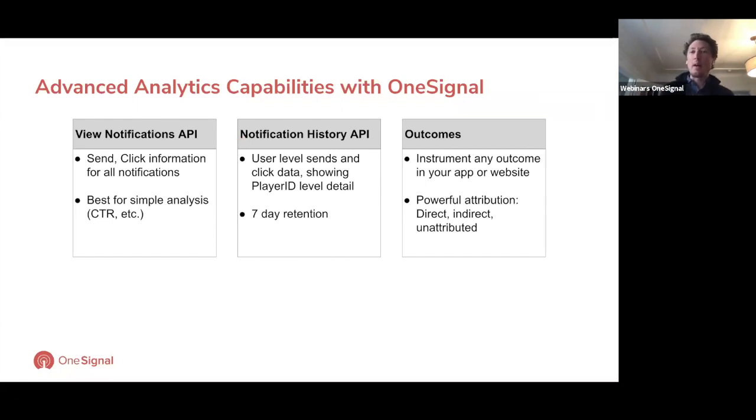And the great thing about outcomes is they let you go from who clicked on my notification or how many clicks did I get to actually instrument anything that you want on your website or your app. And that can be, who added an item to their cart if you're an e-commerce site, who shared a piece of content if you're in social media, who replied back to this message.